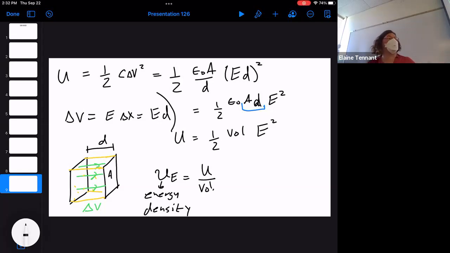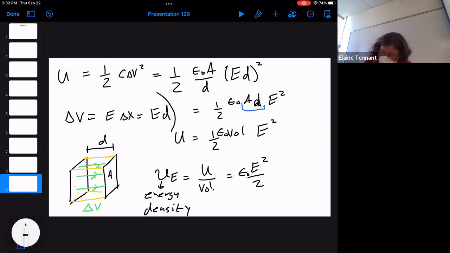So energy per unit volume, and that'll be the electric field squared divided by 2. Oh, I dropped an epsilon naught in here. There's an epsilon naught in here. Good. With a constant on it.